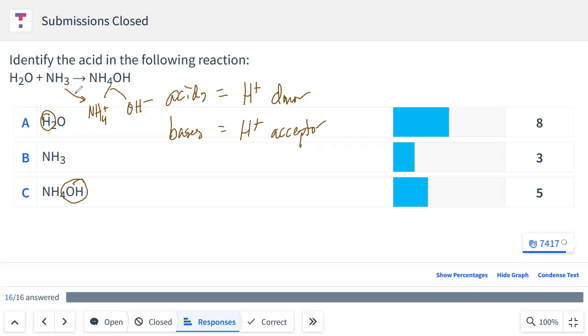And if we look closely, the water and the hydroxide are related to each other as well. And we see that the hydroxide is one H plus away from being water. So that means that the water had to have given up that H plus. That makes it an acid.